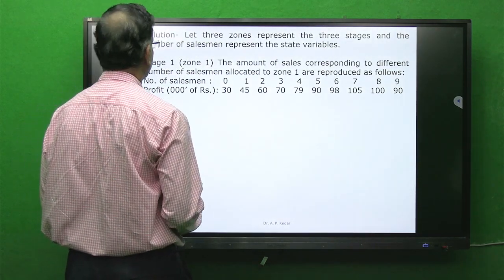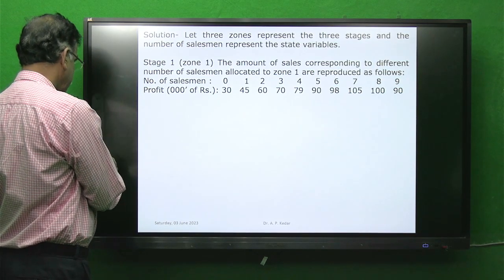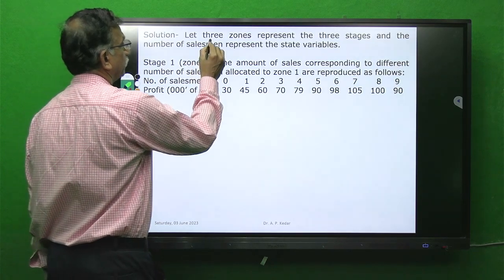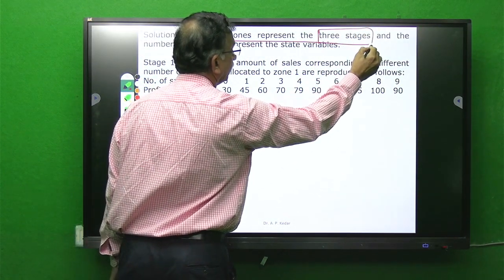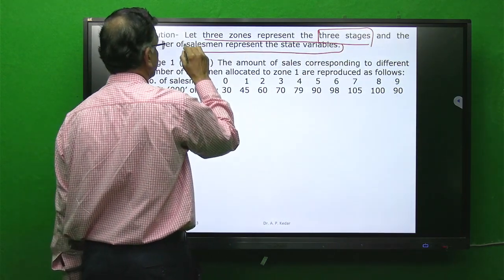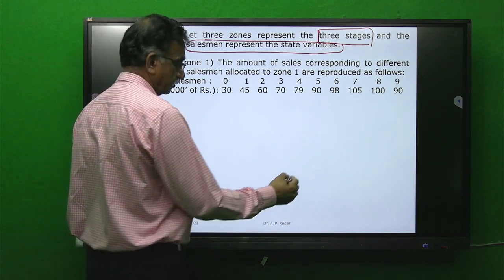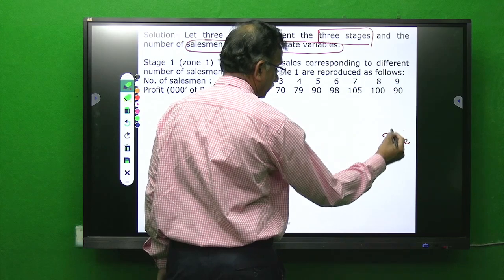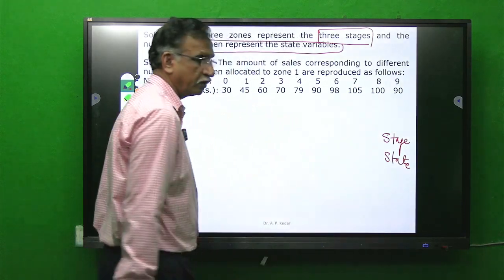Now, how does the solution run? This is very essential to understand the basic concept. Let the three zones represent the three stages as we did in the previous problem, and the number of salesmen represent the state variable. So we have seen in the earlier case what we mean by stage, what is state and what are state variables.